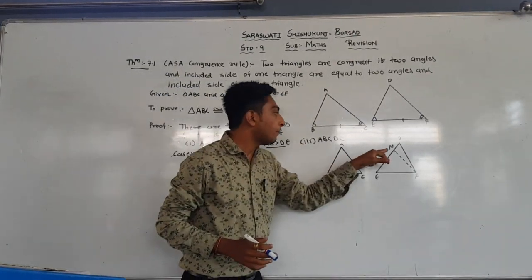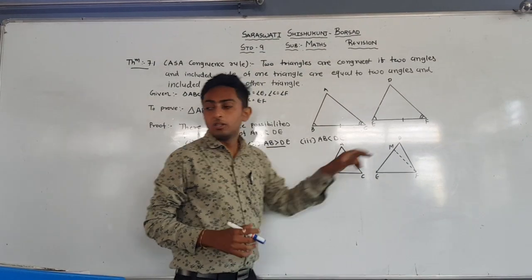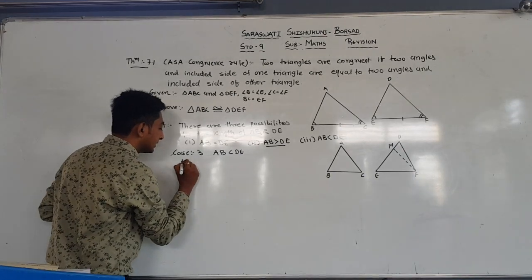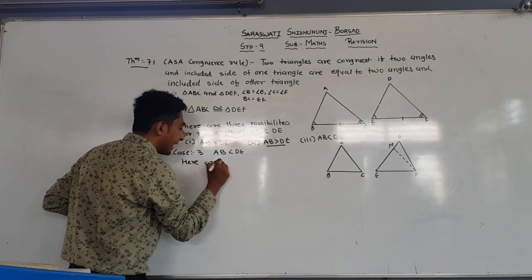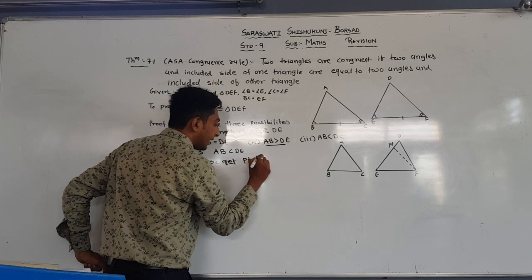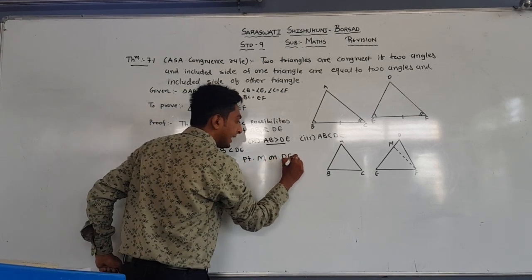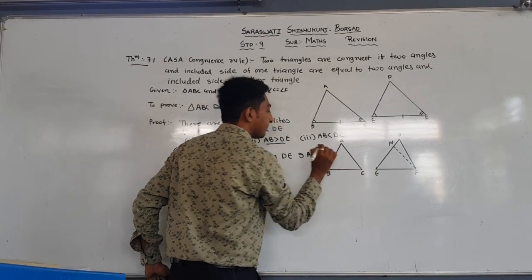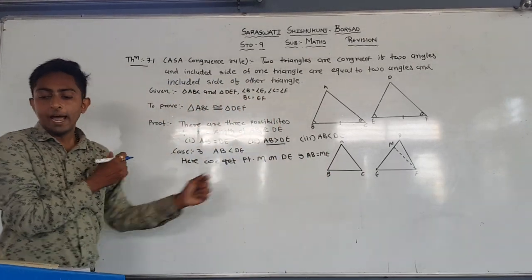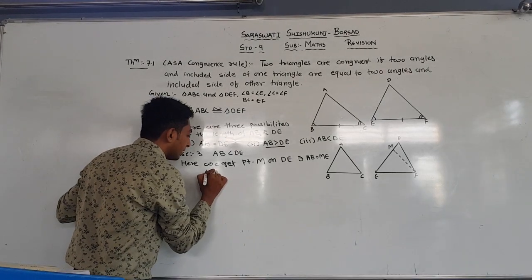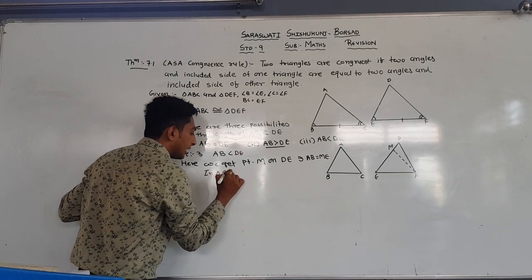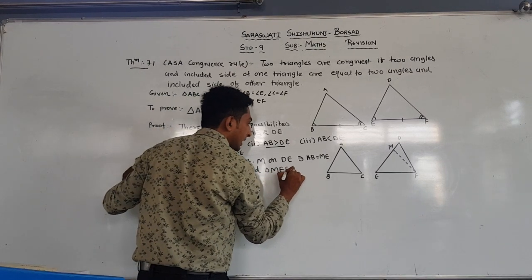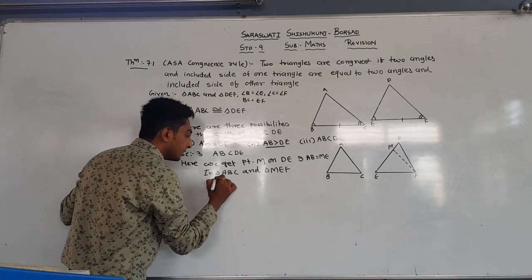But we have to take a point on DE, that is M. So we get point M on line DE such that AB equal to ME.